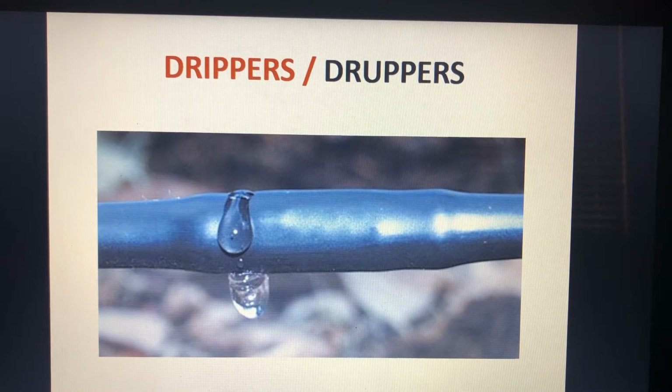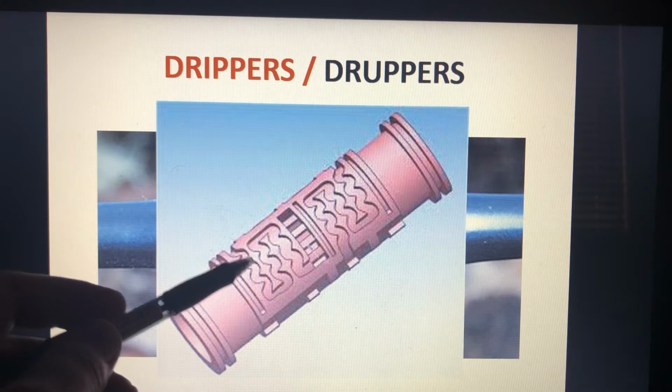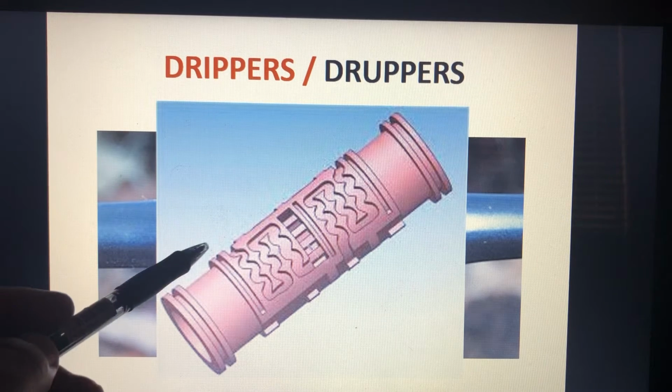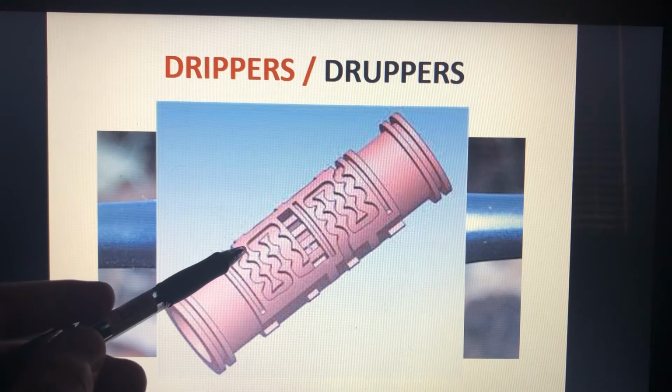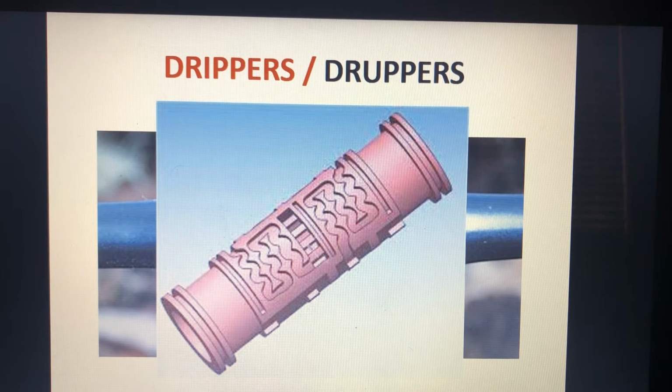So inside of this lateral line, that mechanism looks like this, and you can see you have a lot of curves and a whole path for your water to follow, and this is because you want to cause friction to the water so that when it arrives at the end, it doesn't have a lot of pressure applied to it.